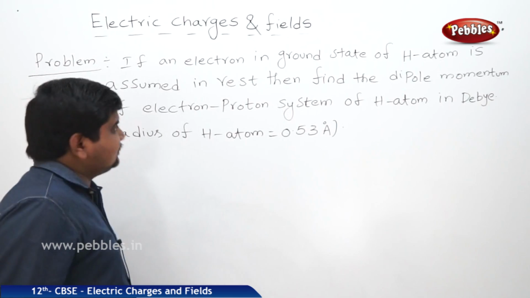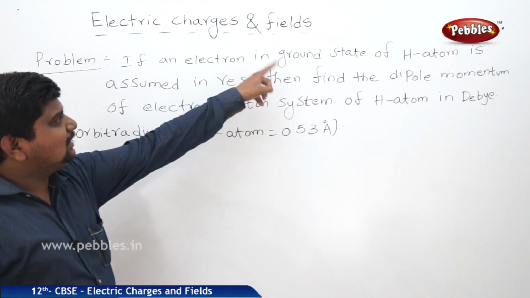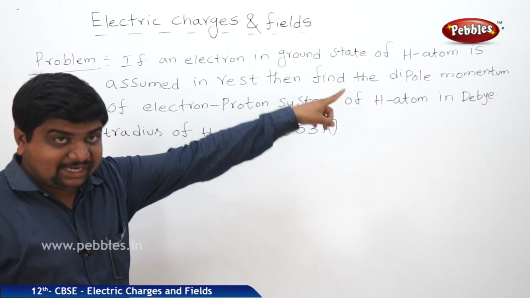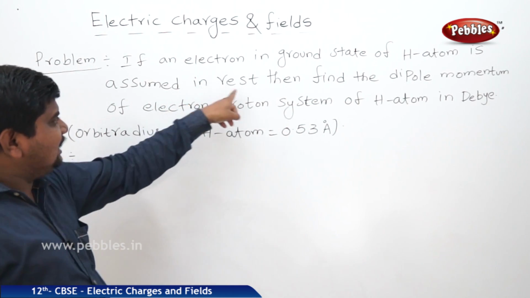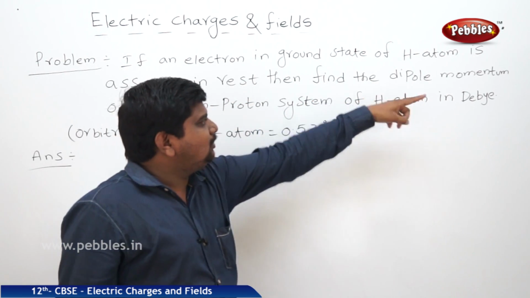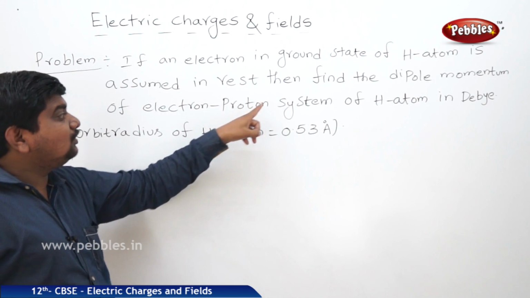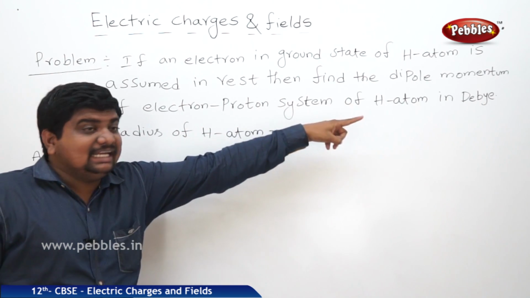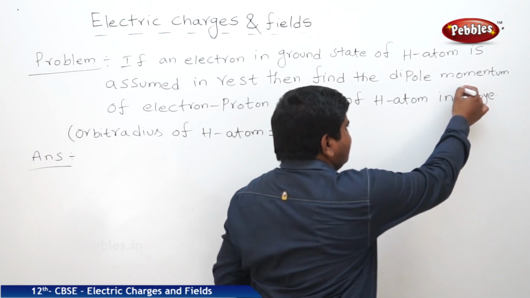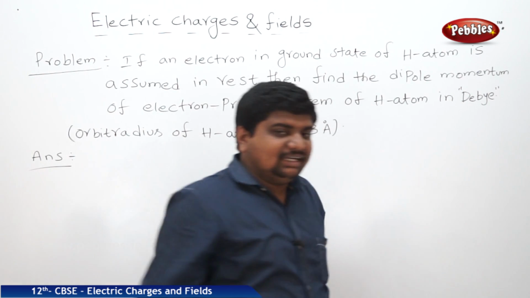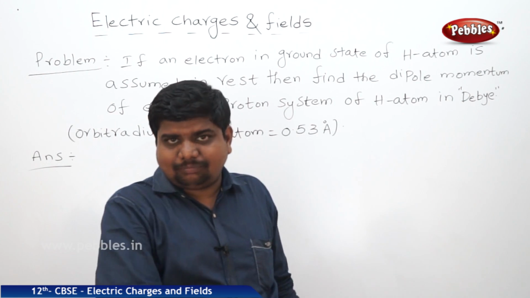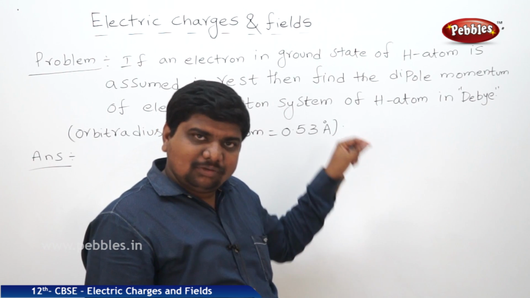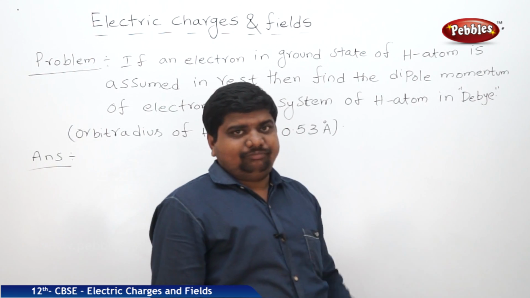The problem is like this. If an electron in ground state of hydrogen atom, H atom means hydrogen atom, is assumed at rest, then find the dipole momentum of electron-proton system of hydrogen atom in Debye. Listen carefully. Actually, Debye discovered the electric dipole and he is asking the dipole momentum in Debye.